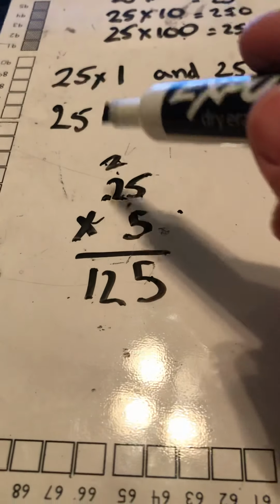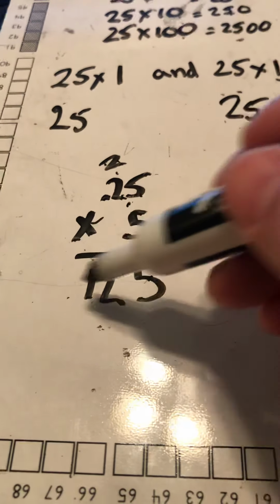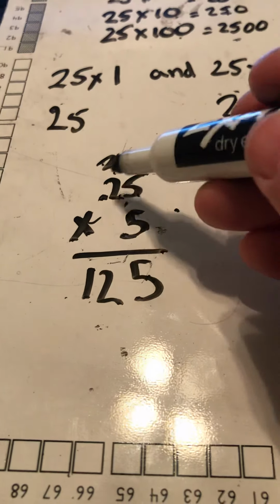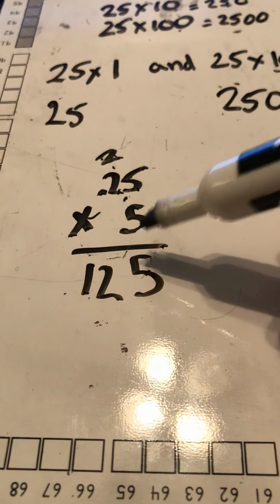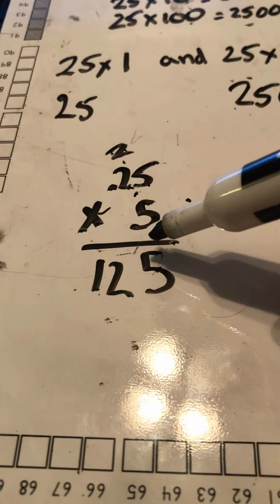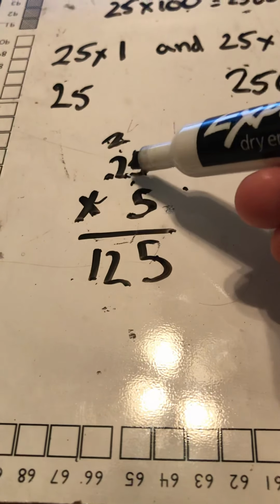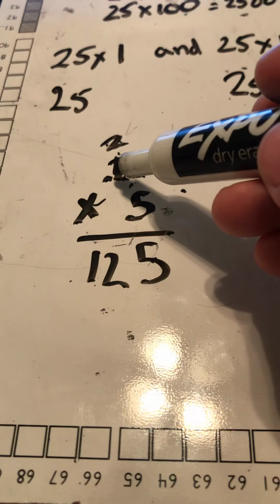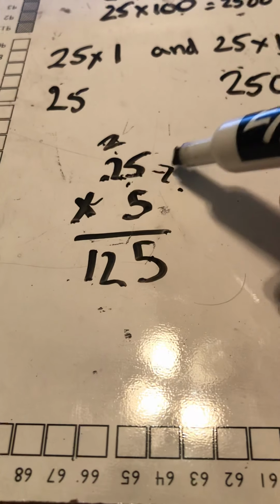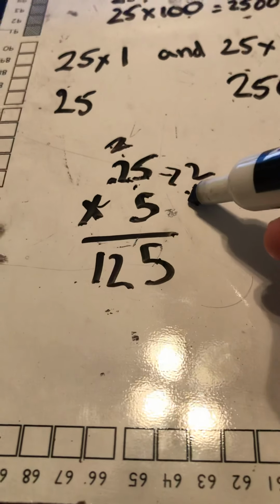All right, so there's no other place value here, so we are done essentially with our multiplication. The question is, what do we do with our decimal? So we're going to count up how many digits there are behind the decimal. There's 1, 2. There are 2 digits here. Are there any digits behind the decimal here? Nope, there's 0.